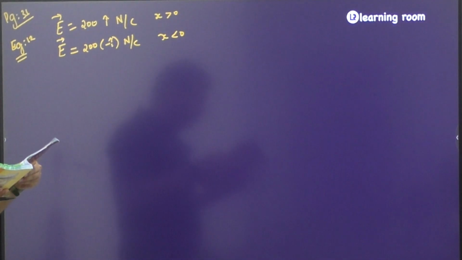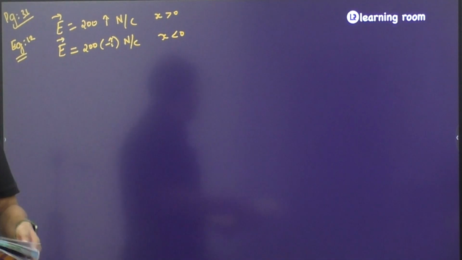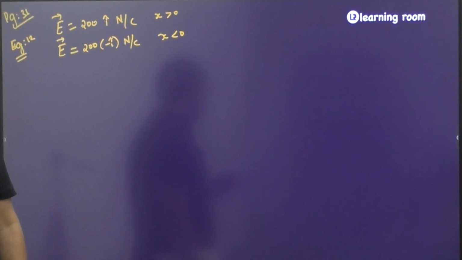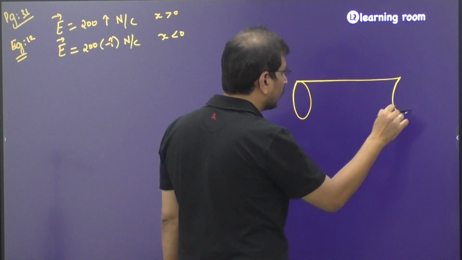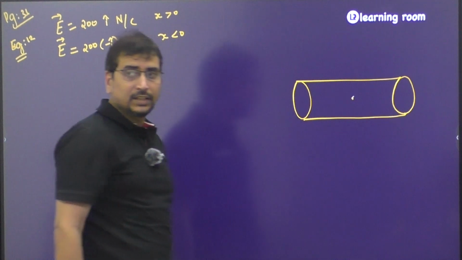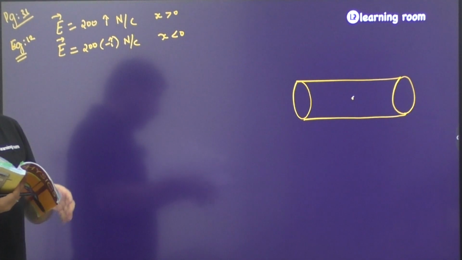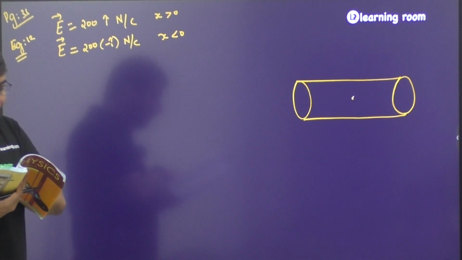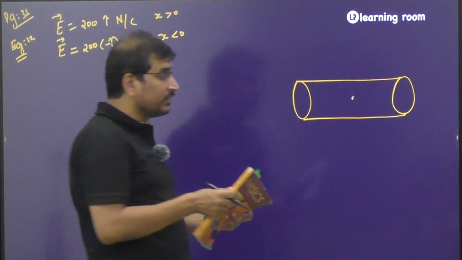There is a right circular cylinder of length 20 centimeter and radius 5 centimeter, which has its center exactly at the origin, and its axis along the x-axis, so that one face is at x equal to 10 centimeter.